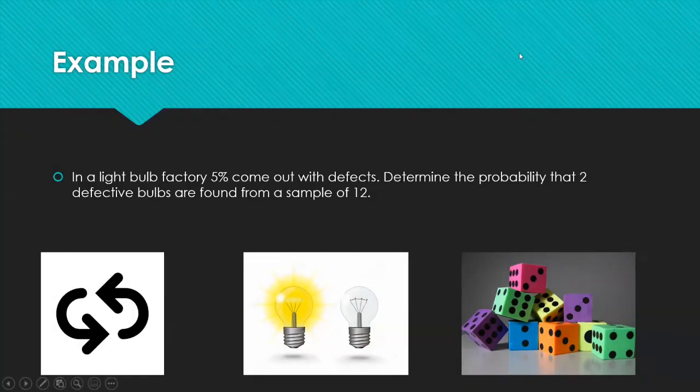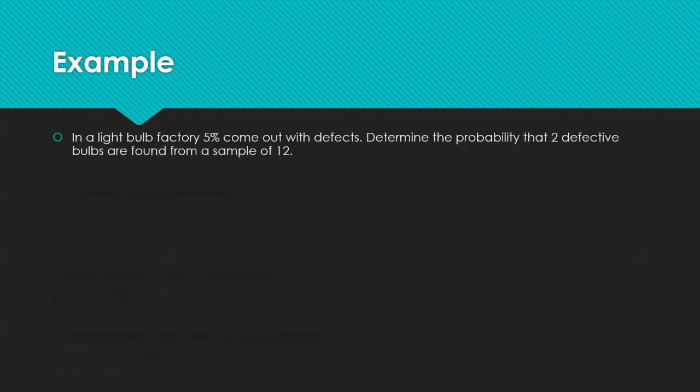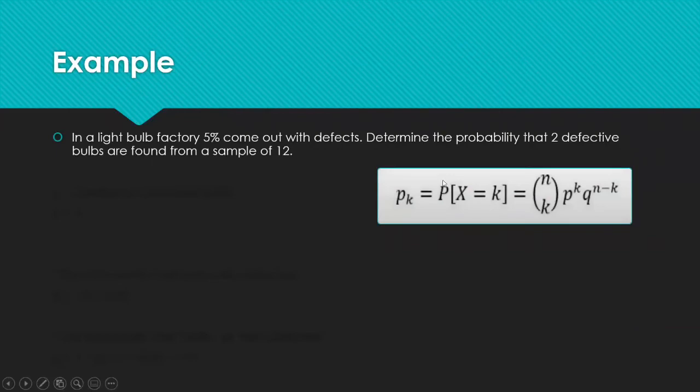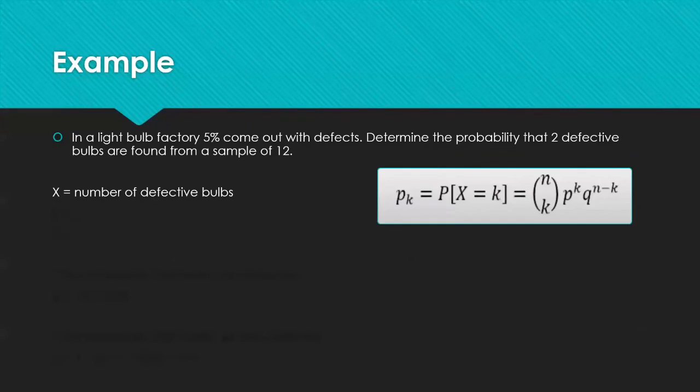As we concluded, the distribution is binomial, so now we can solve the problem. The first thing we have to do is to remember the formula, and extract the data from the problem. X is the random variable, and we can define it as the number of defective bulbs. Then we have to find k, which is the value that the variable takes, which is the number of defective bulbs we want to find.